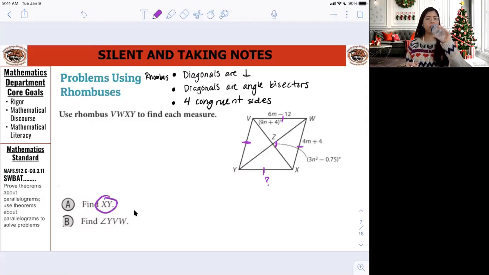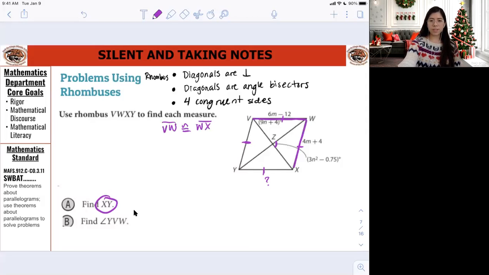What are we talking about? 4m plus 4 refers to WX. And 6m minus 12 goes with WV. So yeah, what Perla said is correct. We know that all those side lengths are congruent to each other.